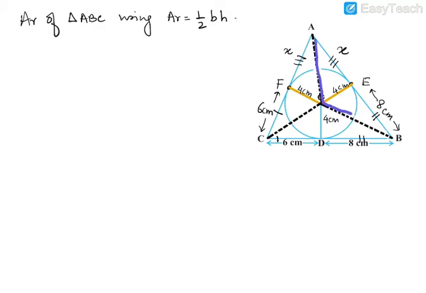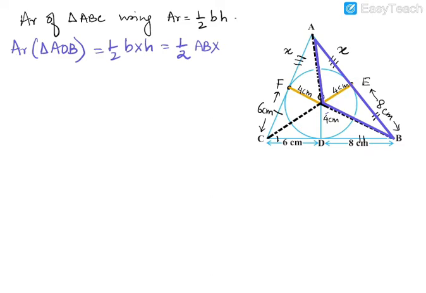We will start with triangle AOB. So area of triangle AOB is equal to half base into height. The base is AB and the height is OE. Substituting AB and OE, we get half x plus 8 into 4, which is equal to 2x plus 16 centimeters square.